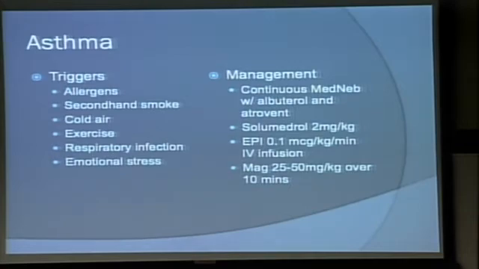I would prefer that IV. I'd like you to have an IV in them anyway. If they have severe asthma, they're not responding to your med-neb, or they're responding slowly, start them on an epi drip. Start out at 0.1 mic per kilo per minute and titrate.